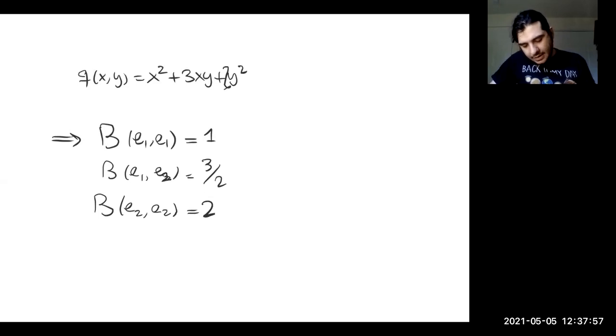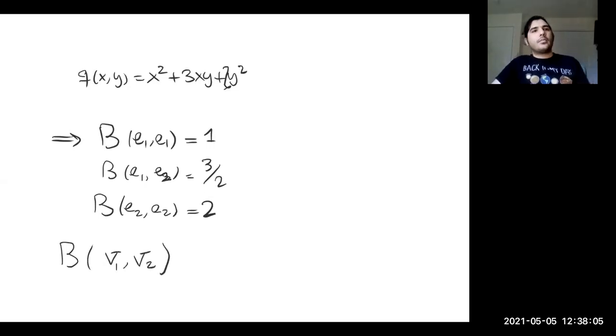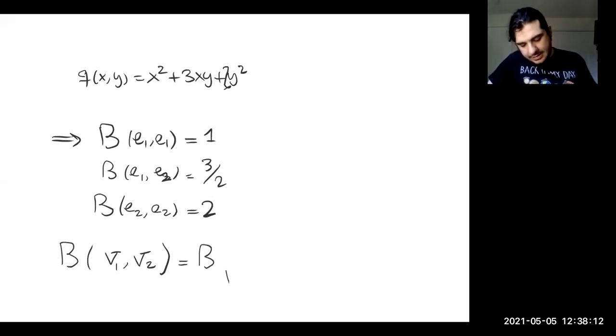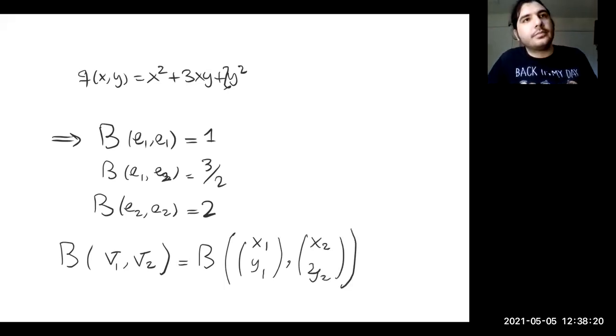Now for any vectors, let's say v1 and v2, the vector v1 itself can be written as x1, y1, and the vector v2 can be written as x2, y2, right?